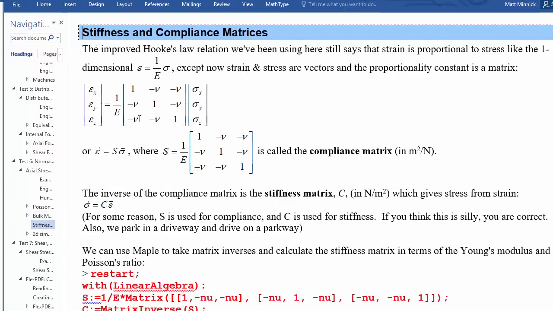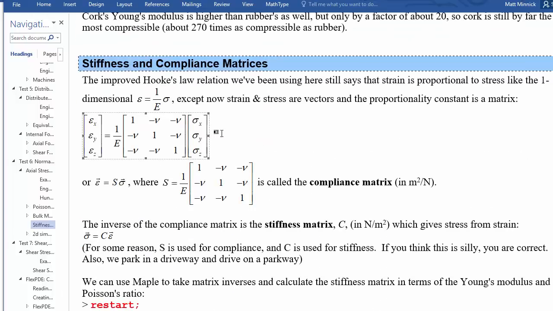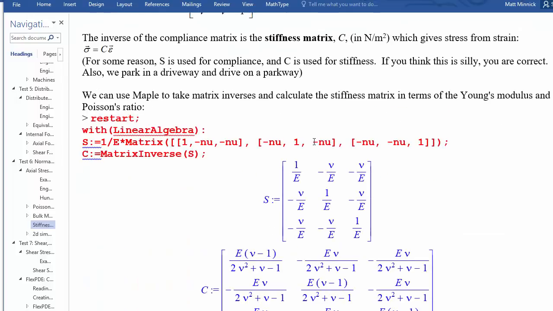Anyway, under the stiffness and compliance matrix section, we are just sort of writing out in equation form how the strains in the different directions are related to the stresses in those directions. So we've got the strain in X, Y, and Z as a vector given by 1 over E times this matrix times the stress in those directions too.